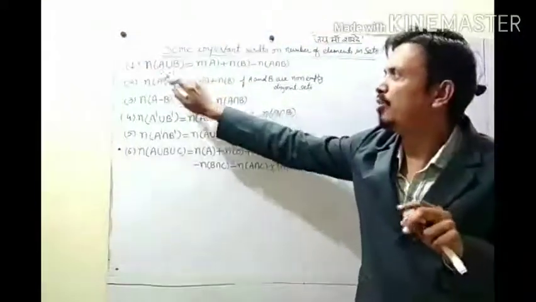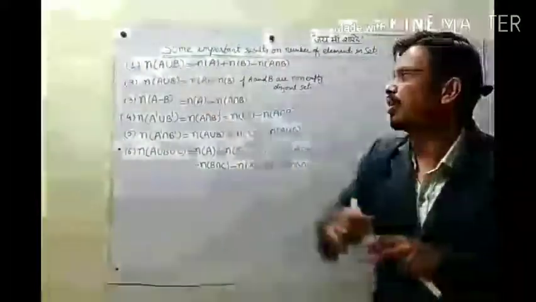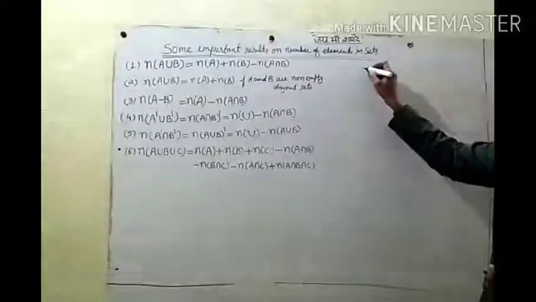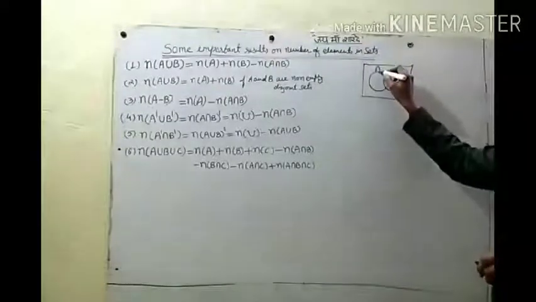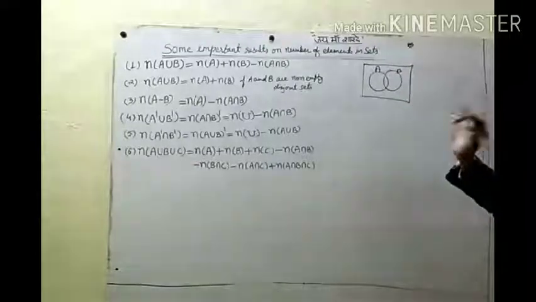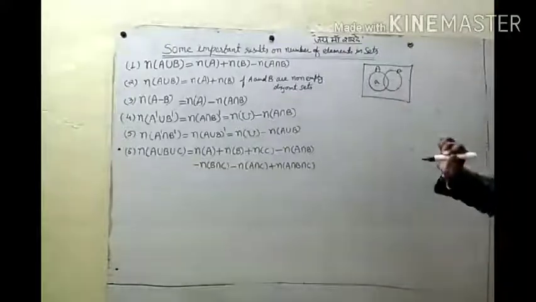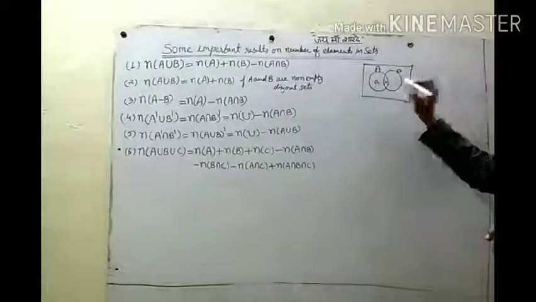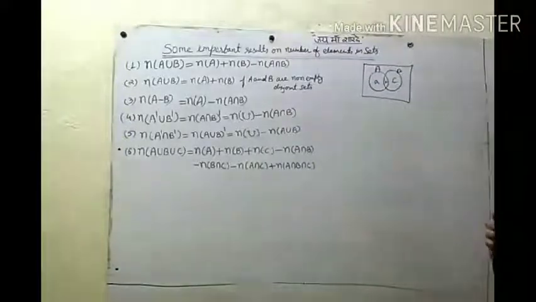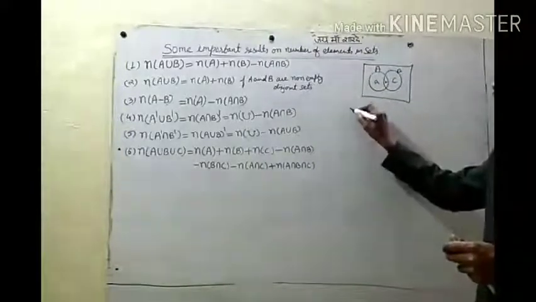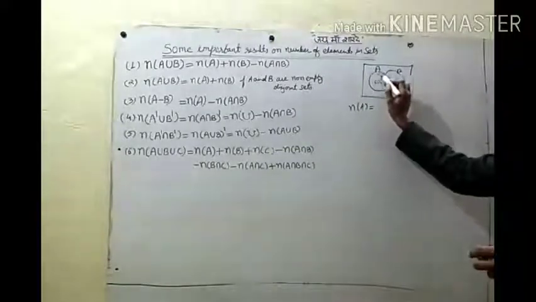number of elements in A union B. The number of elements of any set is called its order. So if we have two sets A and B, suppose the number of elements in this part of A is a, the number of elements in this part is b, and the number of elements in this part is c. So if we write the number of elements of A, how many elements are in A? This complete portion.